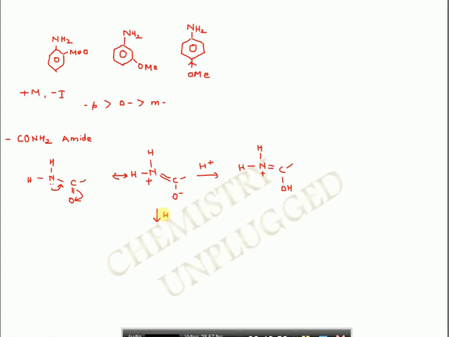But when I remove a proton from this, it will form this structure, and in this case this negative charge can delocalize over the molecule, and in this way it exists in more than one form. When the charge is delocalized, the structure is more stable, means the conjugate base formed is more stable. Therefore amides are weak bases and they are good acids as compared to their basic nature. They are acidic in nature.